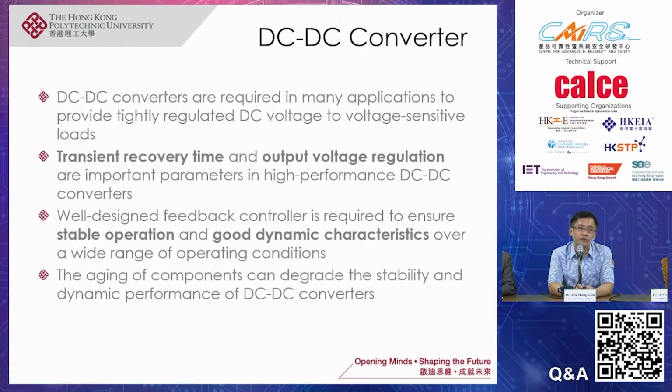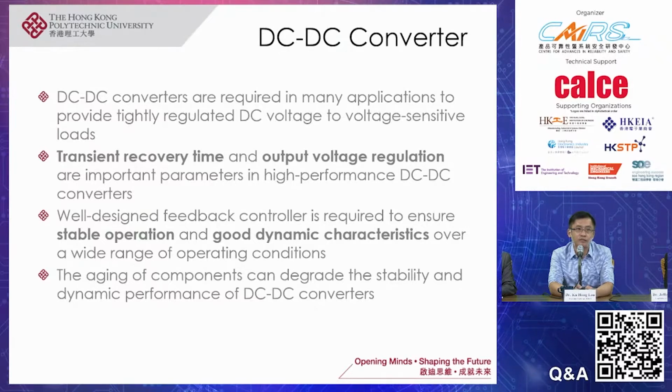To ensure that the DC-DC converter delivers the best and optimum power quality to the load, output voltage regulation and the transient recovery time are important parameters. Both of them are important parameters in a high performance DC-DC converter. But just like all other electronic products, the components on the DC-DC converters also suffer from degradation due to aging.